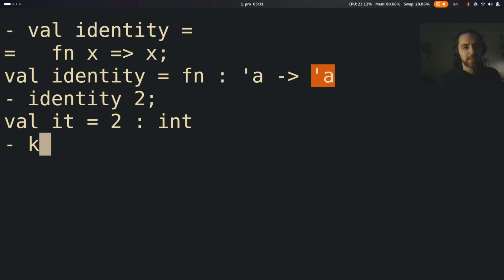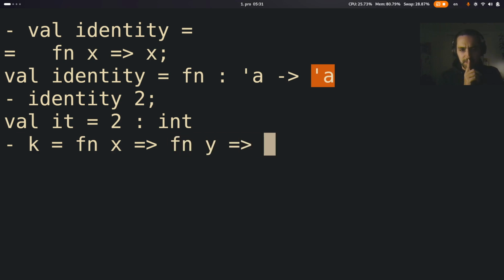Now, the k combinator is fn x. Well, no, it's lambda x, so you can read fn as lambda, lambda x, lambda y, and now x.